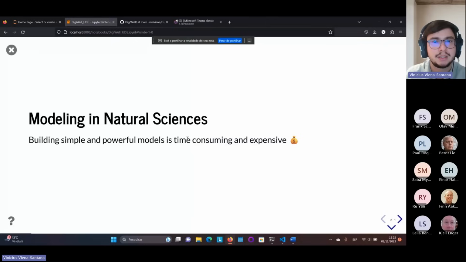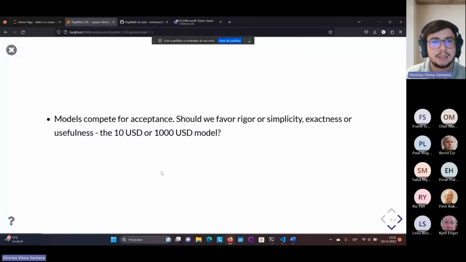Many of you know that modeling is a key task in natural sciences, but building simple and powerful models can be very time consuming and expensive. Usually we have several options to build models in natural science, and these models vary in complexity and precision, and they usually compete for acceptance.